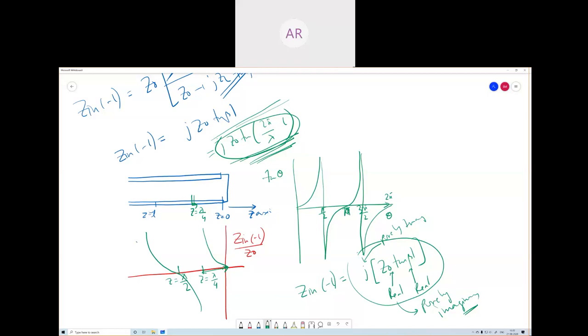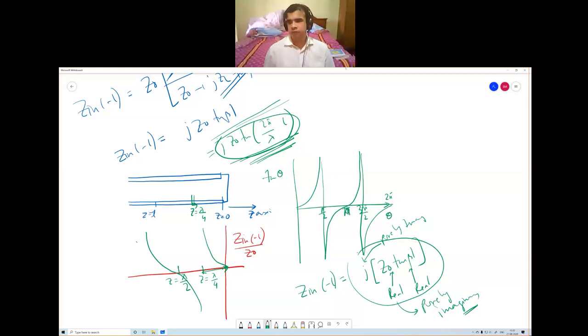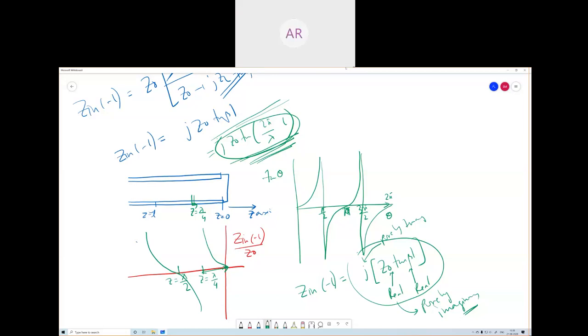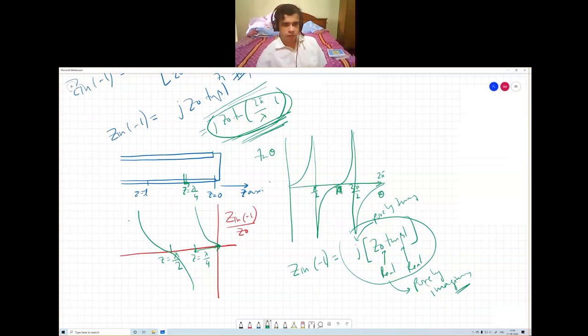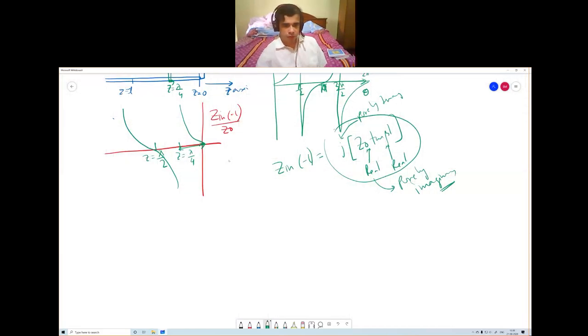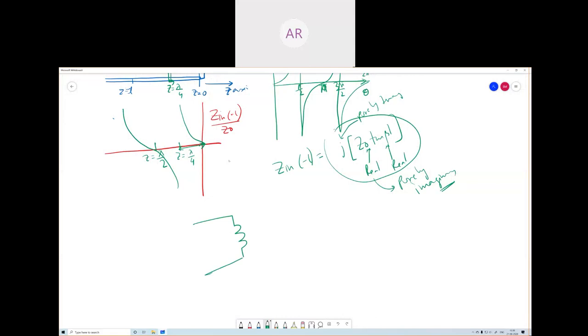So Zin is a purely imaginary number, and the value of the number is greater than 0. Clearly, you can see that. Is it okay? Okay, fine. Now, what is the input impedance here?